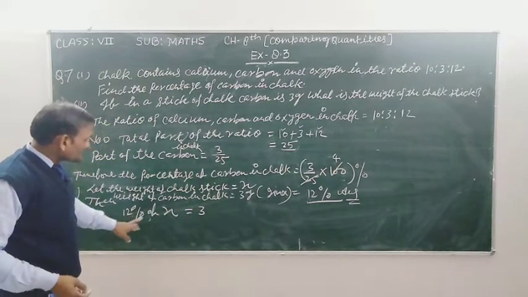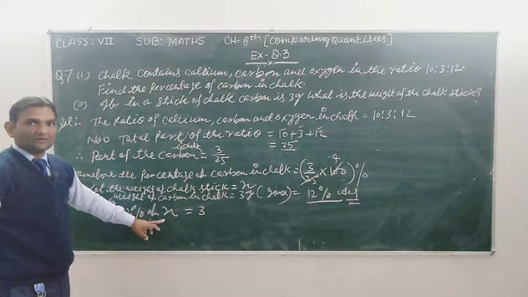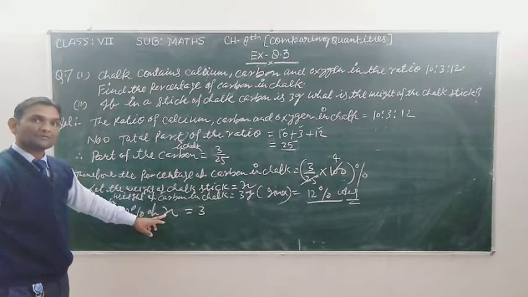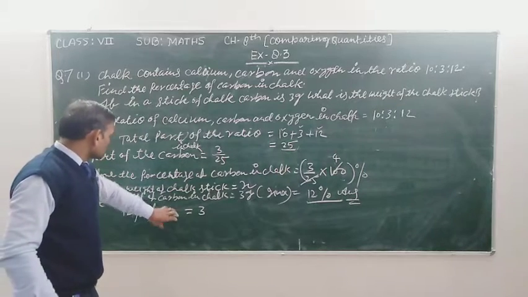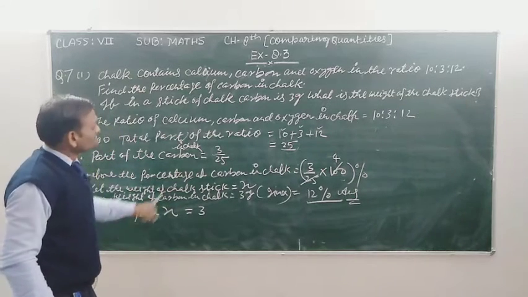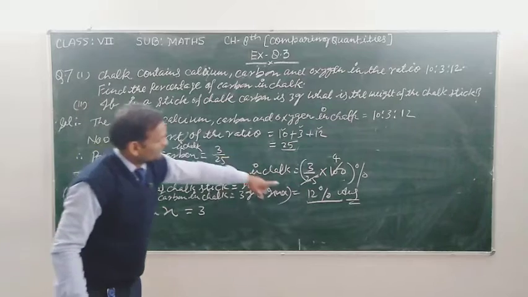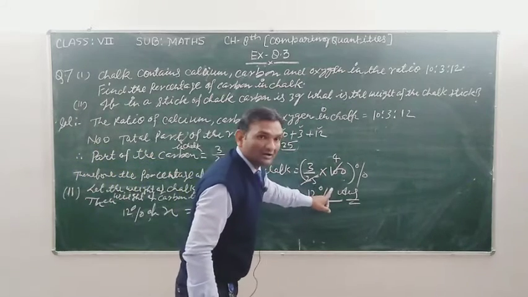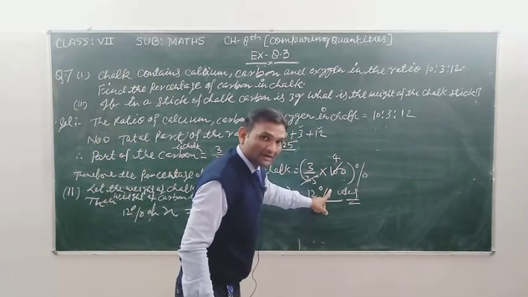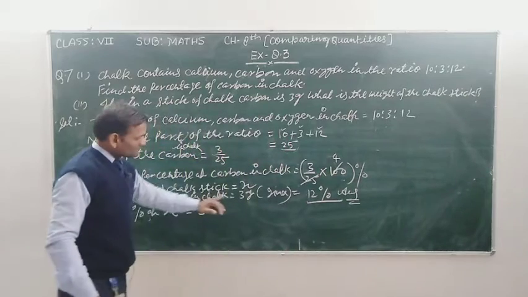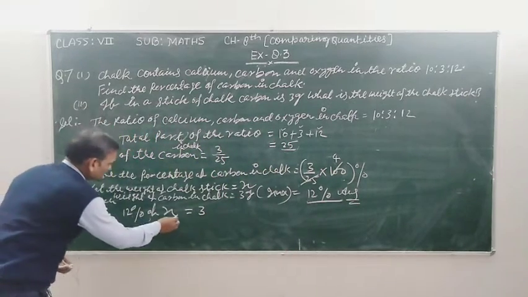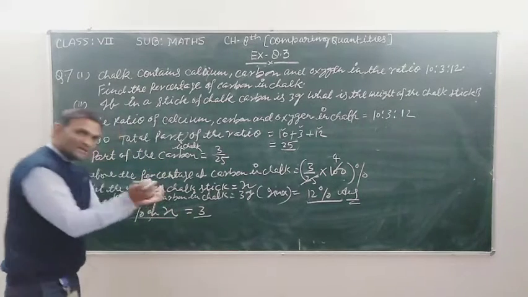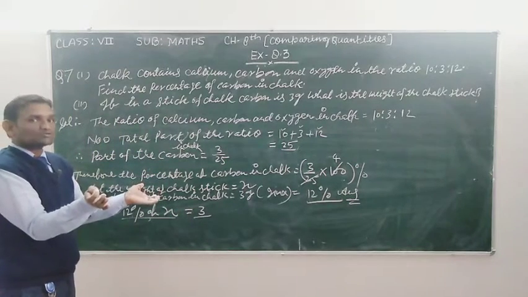So 12% of x. What is the meaning of this? जो चाक है, चाक का 12% जो होगा, that is carbon, because this is the percentage of the carbon, and the weight of the carbon is given 3 gram. So you can say both terms are equal to each other. दोनों एक दूसरे के इक्वल होंगे.